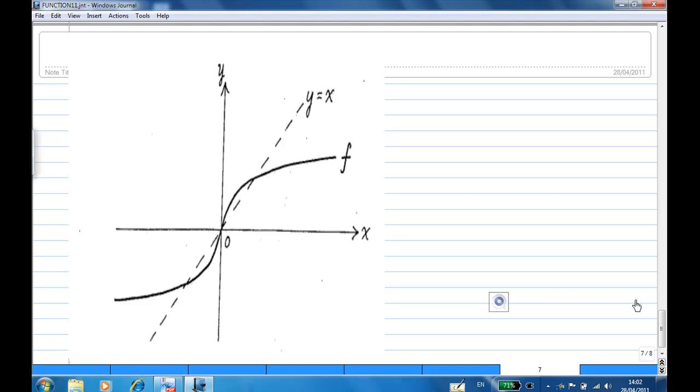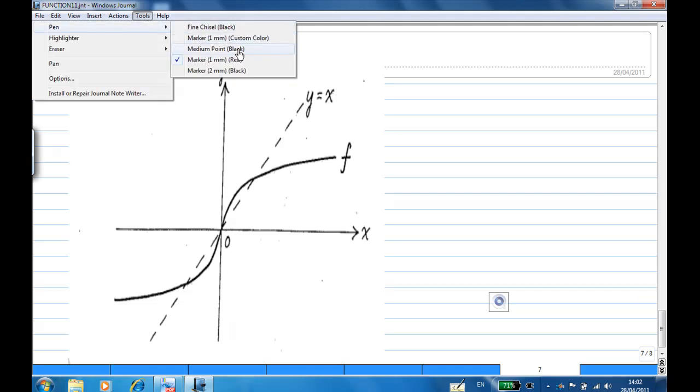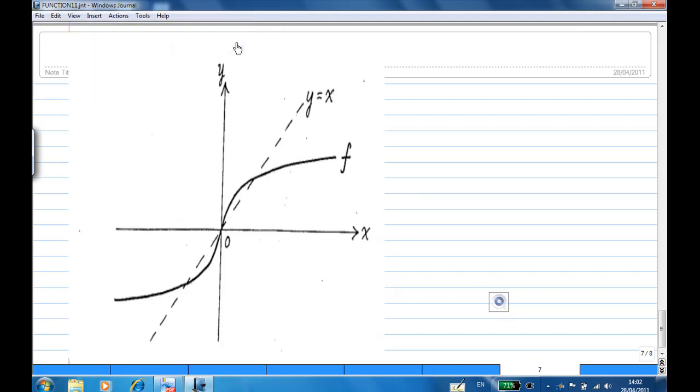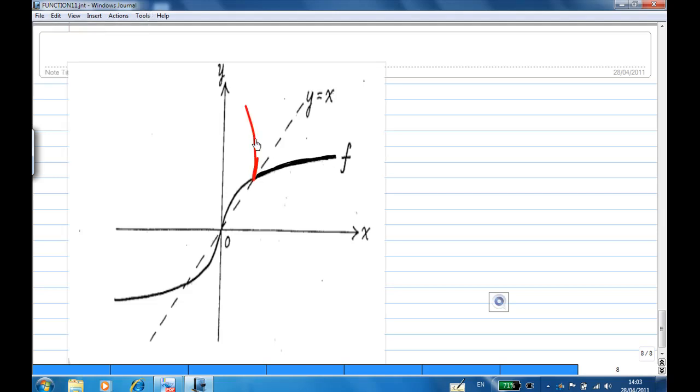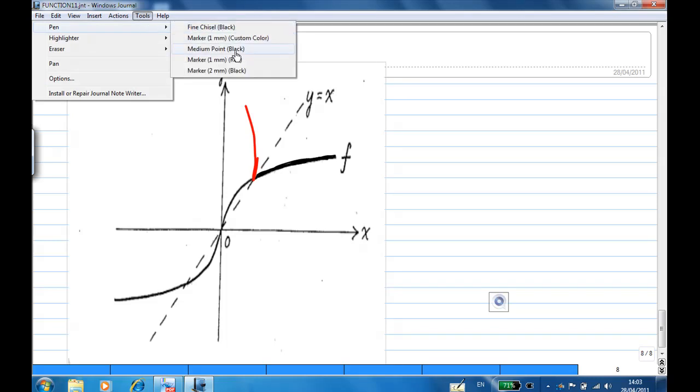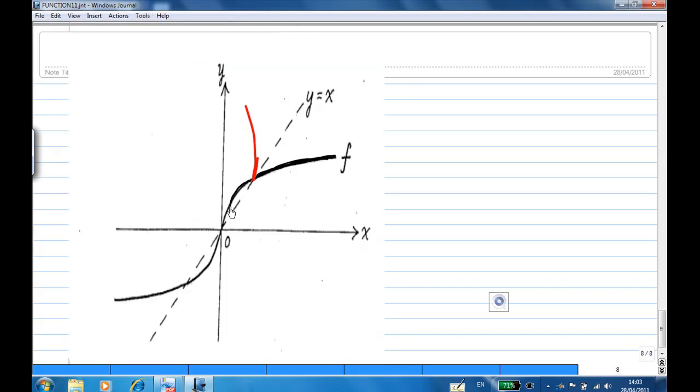If the graph of f is given by that, first, let's try to figure out the graph of the inverse function. So look at this piece. When you do the reflection in the line y equals x, the reflection of this portion of the graph will be there. Then let's look at this part of the graph.